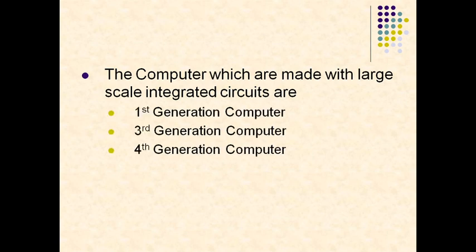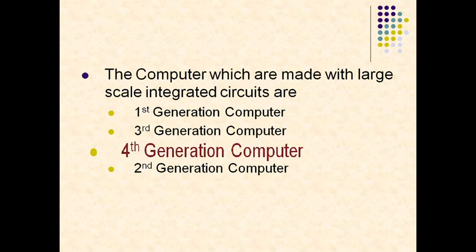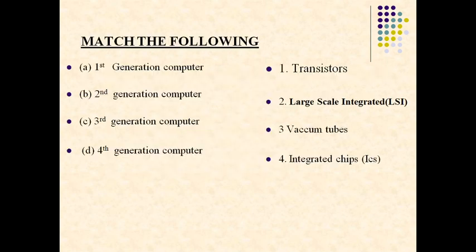Next question: the computers which are made with large scale integrated circuits are. Options: first generation computer, third generation computer, fourth generation computer, second generation computer. Answer is fourth generation computer.